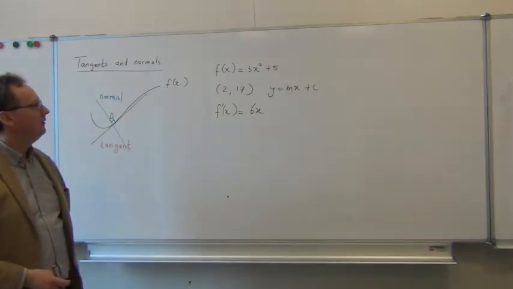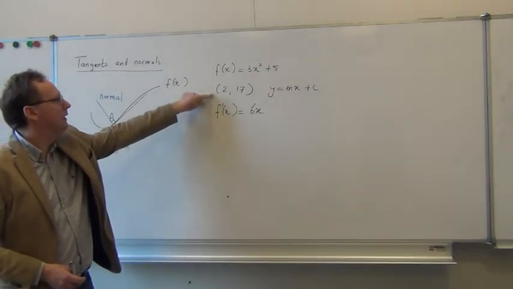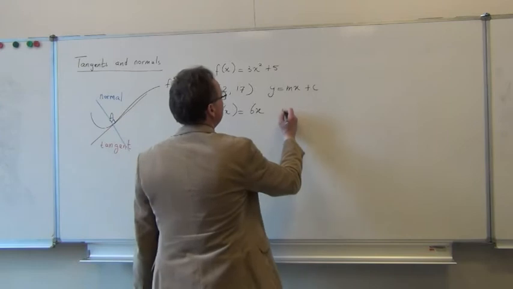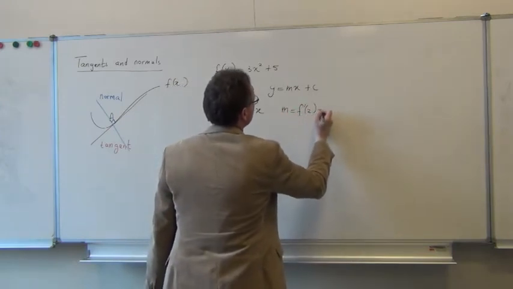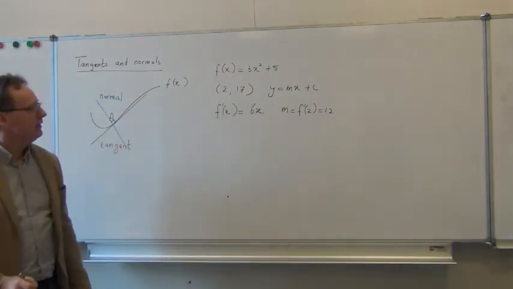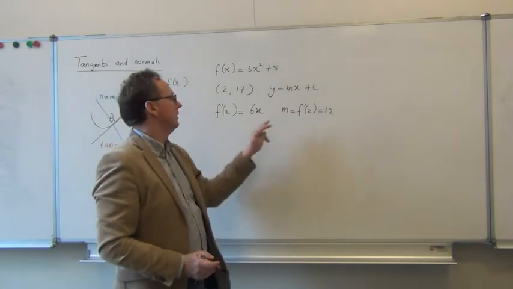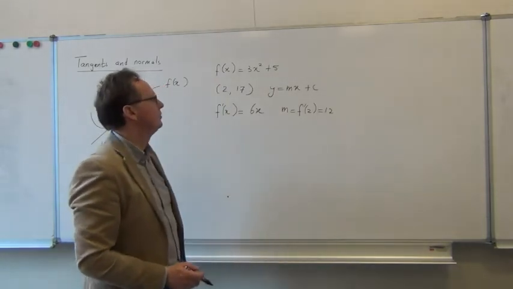And then look at this point, if x is 2, you can say that the slope, so the m value, will be 12, because if you fill in 2 in the derivative, 6 times 2 is 12. So we know now the gradient for x is 2 of the curve, it's 12.